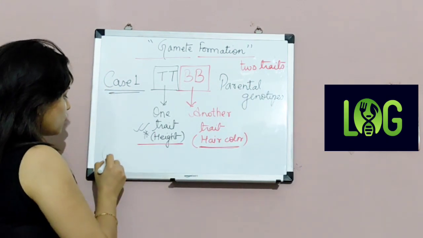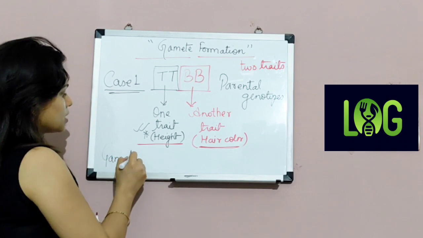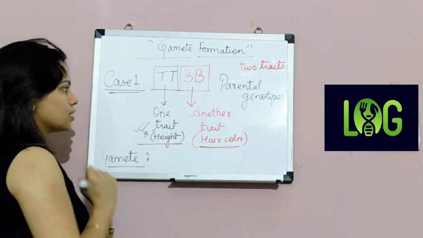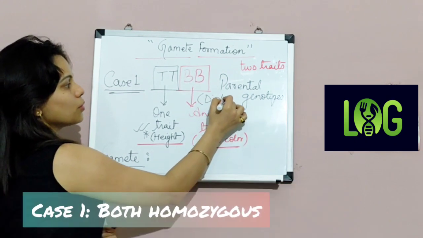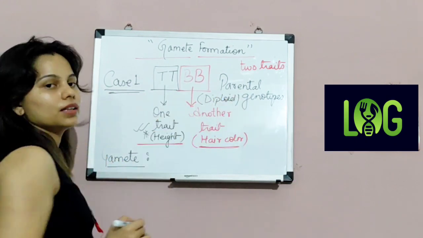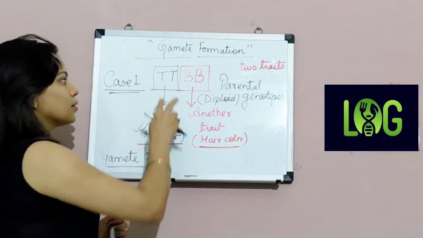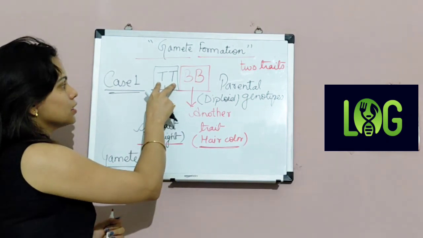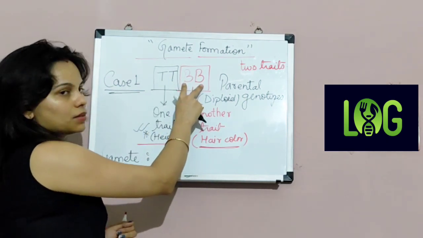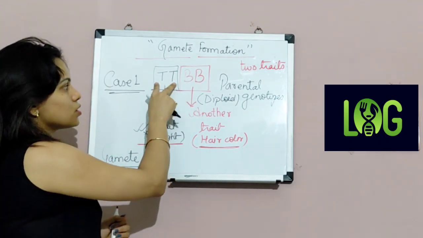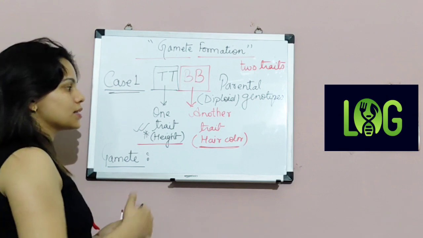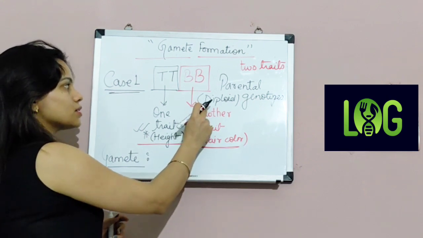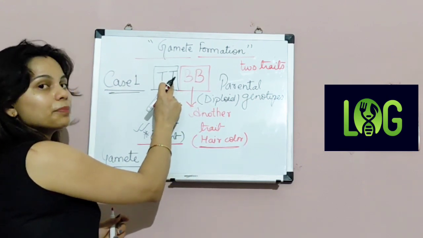Whenever you want to form the gamete in this condition, it is very easy because this is in the diploid state. What do you mean by diploid state? When the alleles are in pair. Here the T is in pair, the B is in pair, so they have the duplicate. Now we will just make half of it, that is the haploid. Diploid means if there are two, they are in pair.